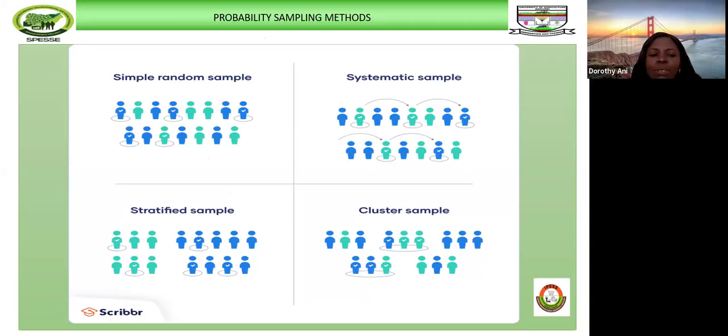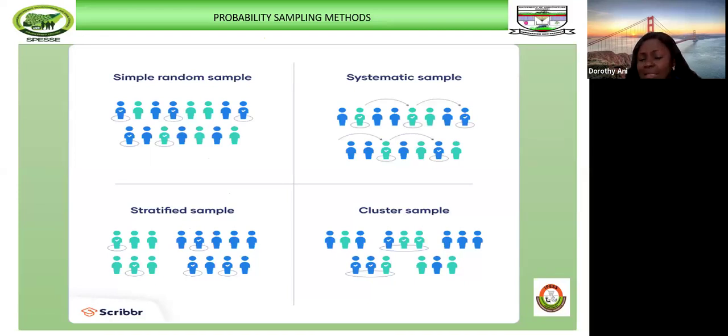You can see how randomly, not in any order, the blue one was chosen, the next one blue again, the next one blue, then the next one is not blue, it's green. So in no particular order, any person can be taken in a simple random sample.